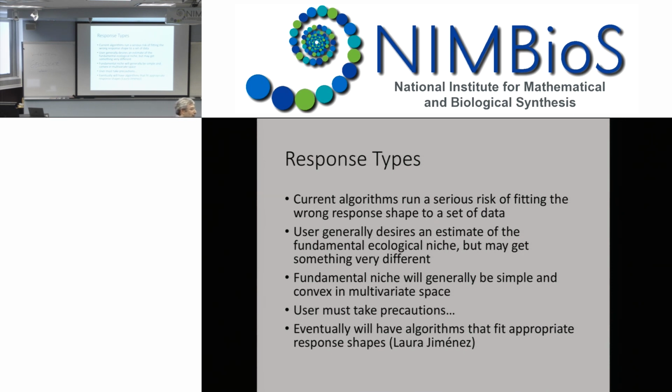But the niche models can't. My question is, I read a paper six years ago written by you, suggesting we could incorporate mechanistic models into the niche modeling. Has that happened? I haven't read since then.